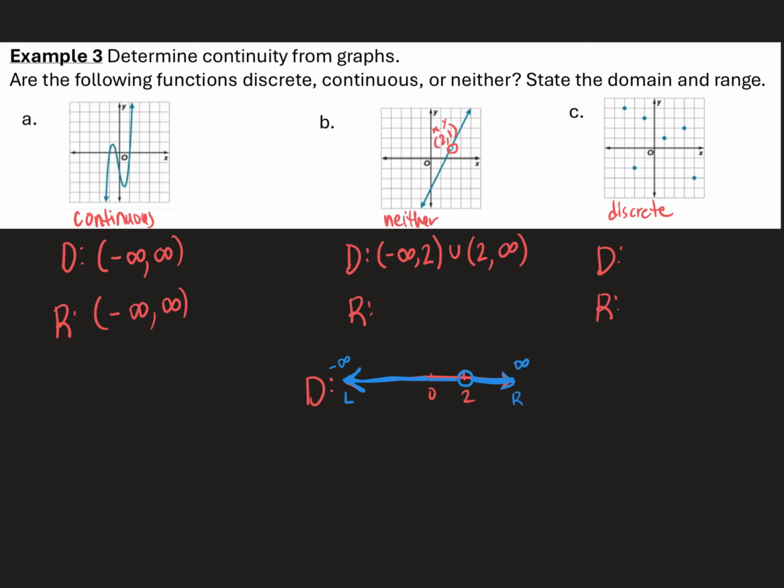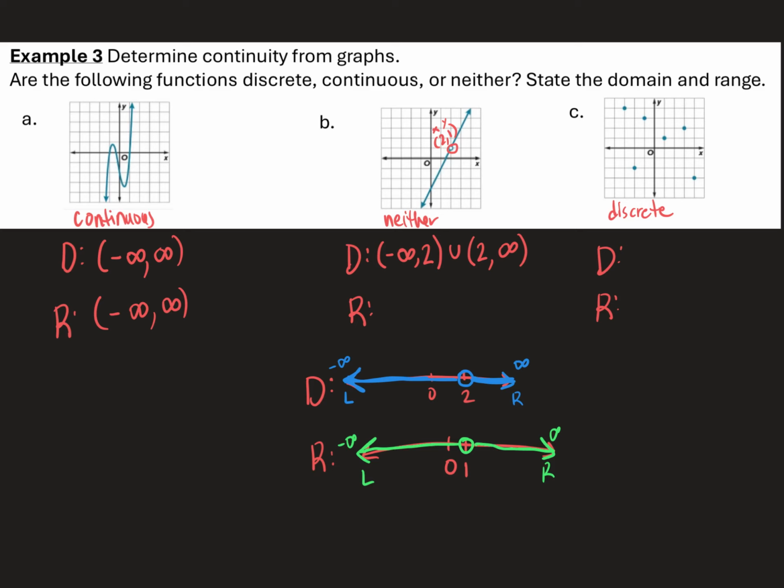And then for my range, I'm going to do the same thing. I'm going to draw a number line, except this time the range is the y. So at 1, I'm going to have an open circle, and it goes forever down and forever up. Now let's read that from left to right, from negative infinity to positive infinity.